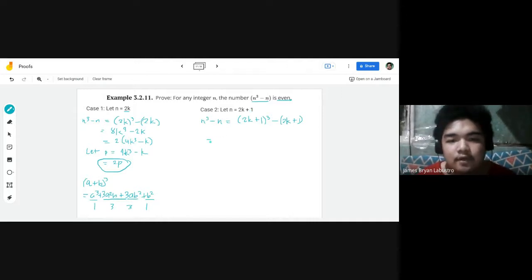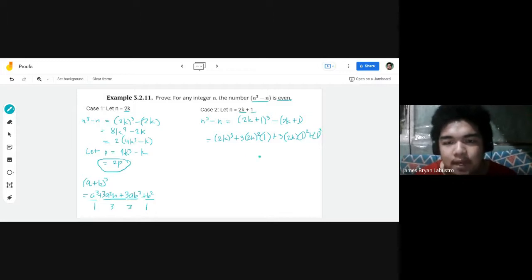So we let a as 2k and we let 1 as b. So we have 2k cubed plus 3 times 2k squared times 1 plus 3 times 2k times 1 squared plus 1 cubed minus 2k minus 1.